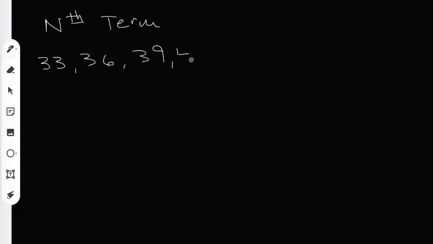Okay. And then going on to the last type of problem, you're going to have to find the nth term. So let's do two of these. Let's say I have 33, 36, 39, 42.